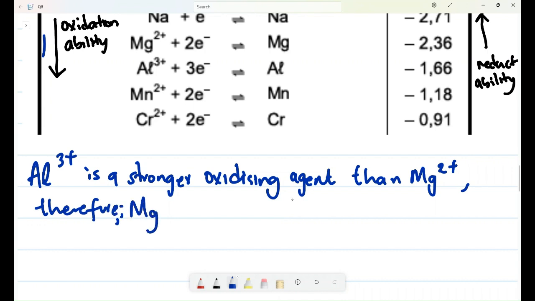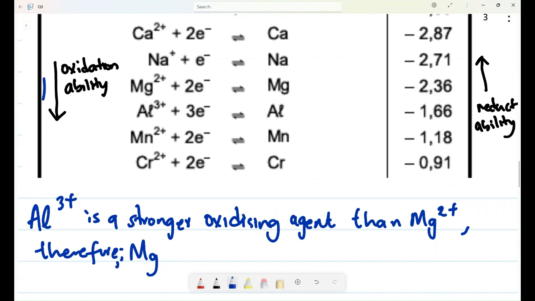Therefore Mg will be oxidized, because if this one is a stronger oxidizing agent, it makes others undergo oxidation. This one has a stronger oxidizing ability, so it causes the other one to undergo what? Oxidation.